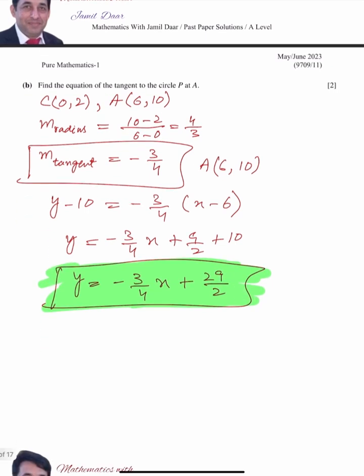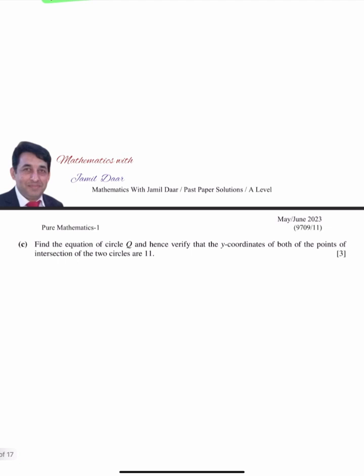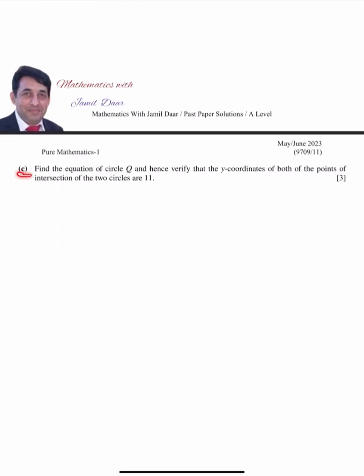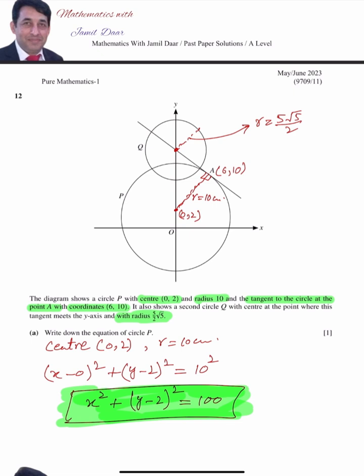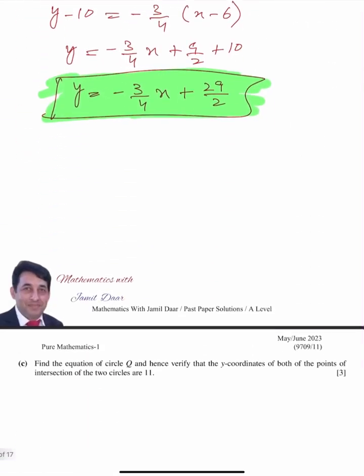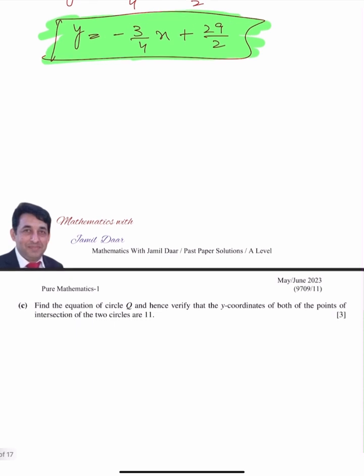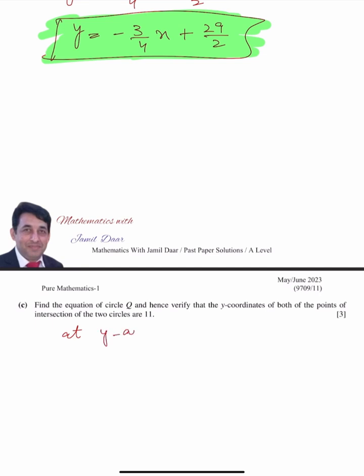So the next part is part C. Part C says to find the equation of the circle Q. To find it, you know that the center of the circle Q is the point where the tangent intersects the y-axis. At the y-axis, x is equal to 0.